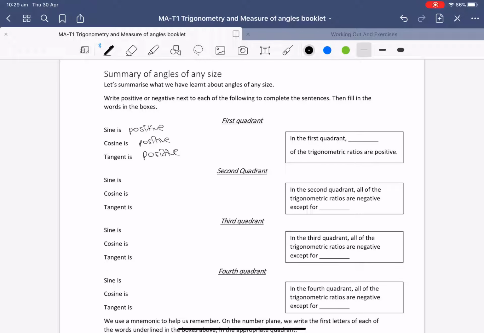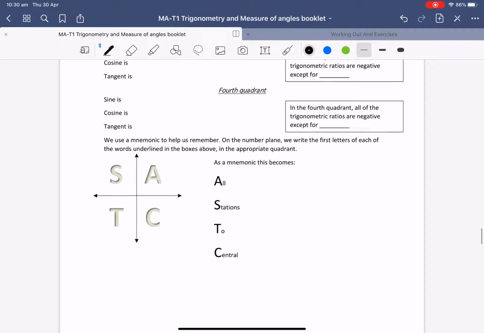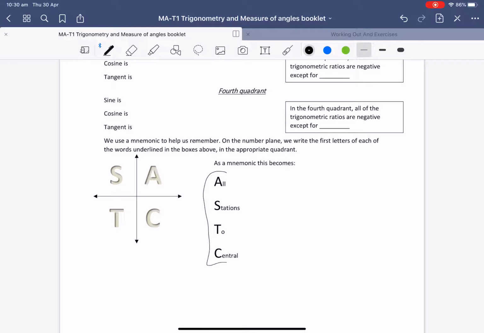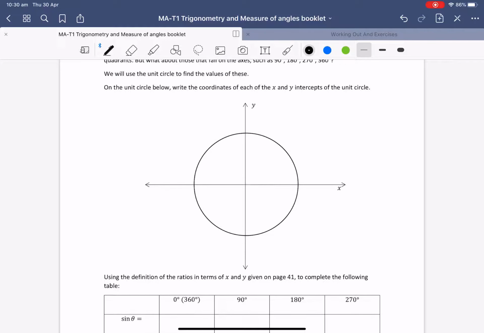In the first quadrant, all of the trigonometric ratios are positive. In the second quadrant, sine was positive, and cos and tan negative. So in the second quadrant, all of the ratios are negative except for sine theta. And then you need to go and summarize the rest. You should know the mnemonic, all stations to central. All of them are positive. Sine is positive. Tan is positive. Cosine is positive.